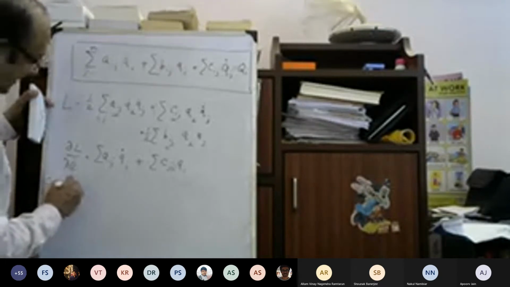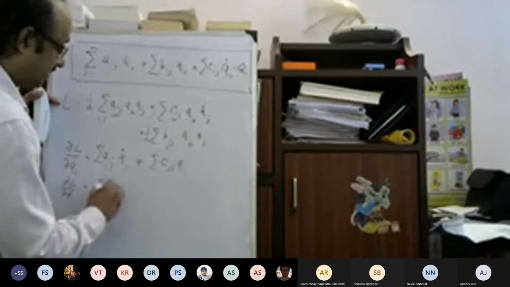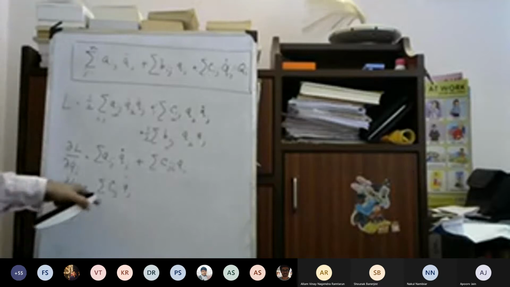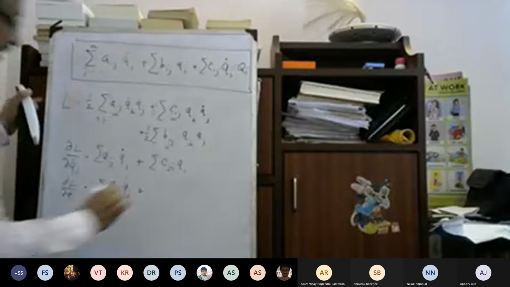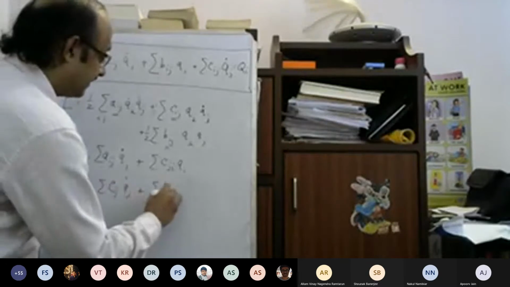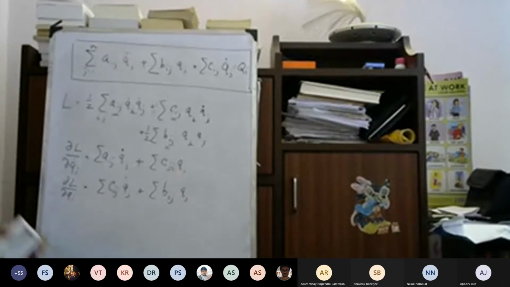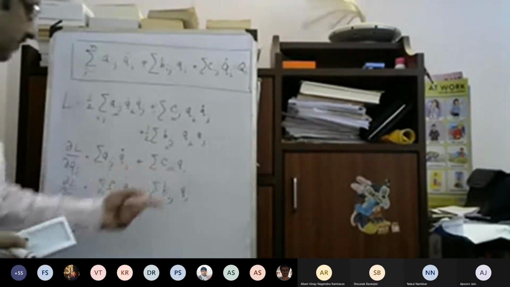And del L del Qi will be equal to Cij Qj dot plus Bij Qj. These are constant quantities.